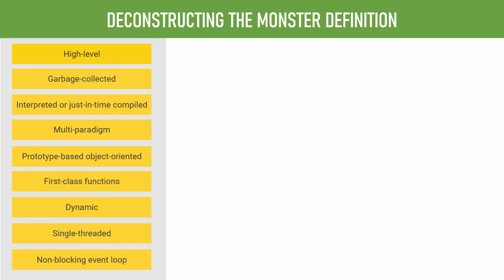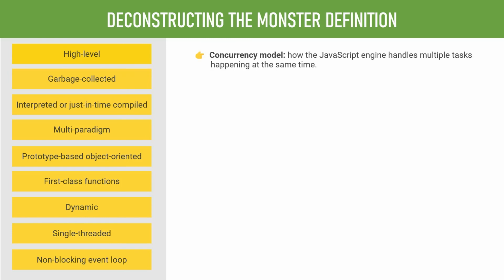But anyway, let's now finally talk about the single-threaded, non-blocking event loop concurrency model. Now this is really a complex topic, and probably the most complex one of the whole course, which is why it's kind of at the end of the course. And therefore, I'm not going to go into specifics here just yet, but instead I will just define some things. First, what actually is a concurrency model? Well, it is just a fancy term that means how the JavaScript engine handles multiple tasks happening at the same time.